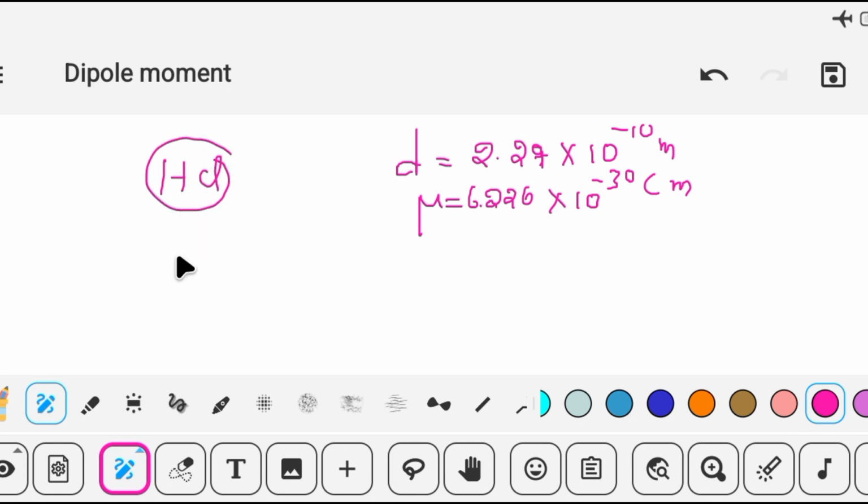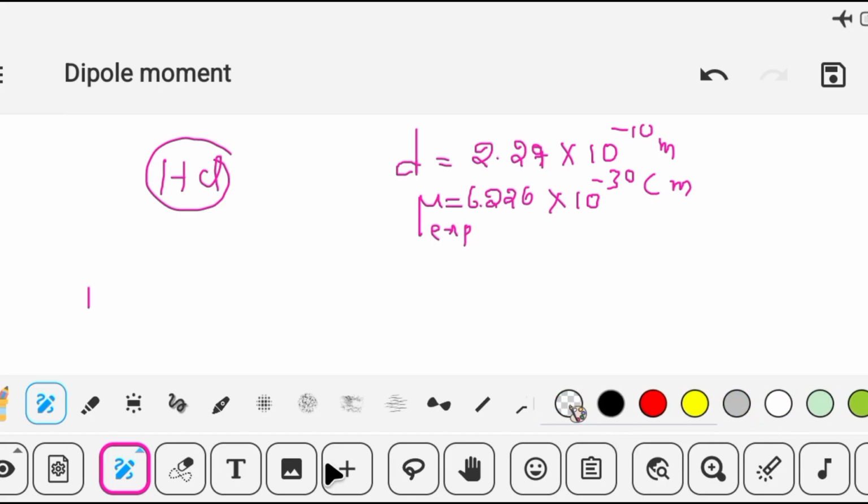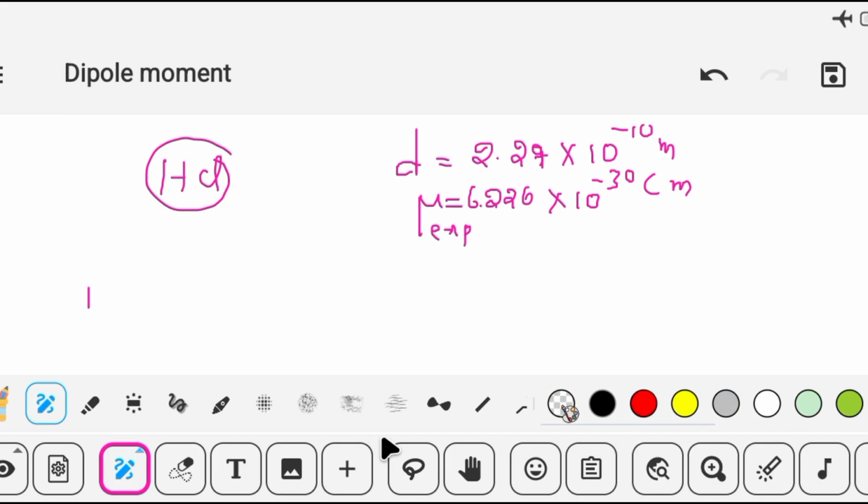They are asking us to calculate the percentage of ionic character. The experimental value is already given. So first of all, you should calculate the mu value, then substitute that value in the formula of percentage of ionic character. First we calculate the mu value. The distance is given.